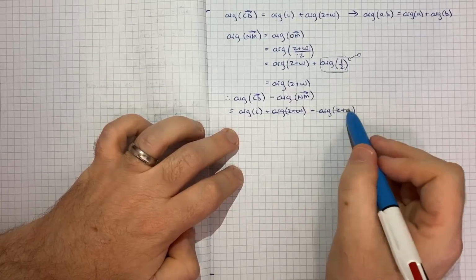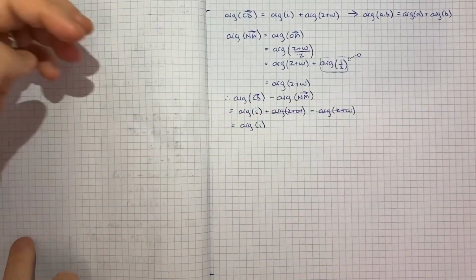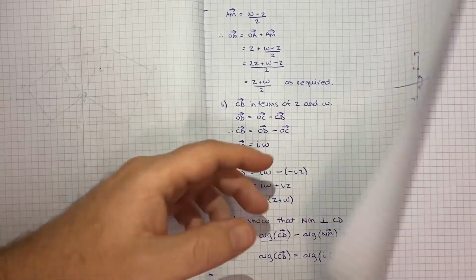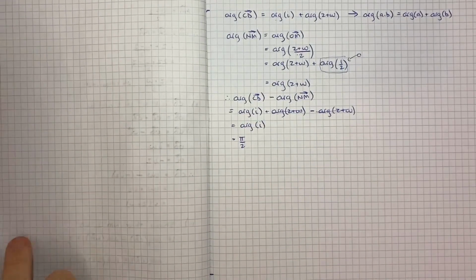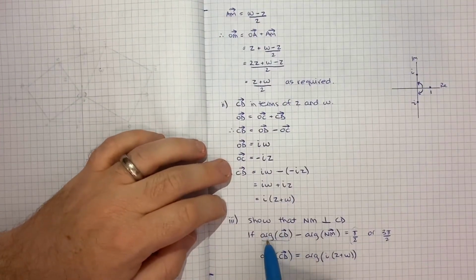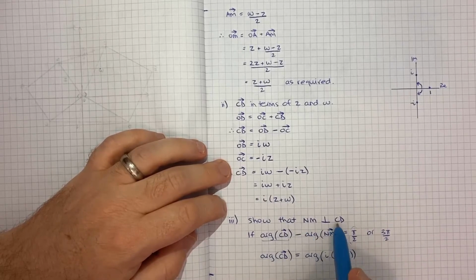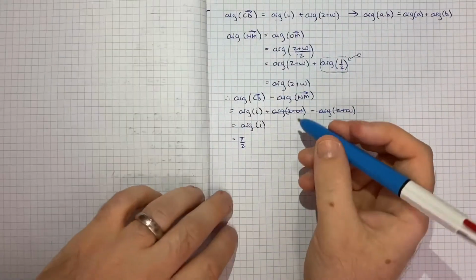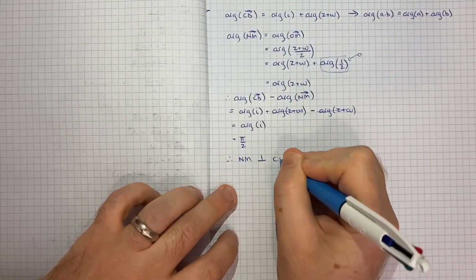These two will cancel, so it's just the arg of i, and as we see, i by itself, the argument of that is pi on 2. And since we said at the beginning that if the difference of the arguments is pi on 2 or 3 pi on 2, then the two vectors are perpendicular, therefore NM is perpendicular to CD.